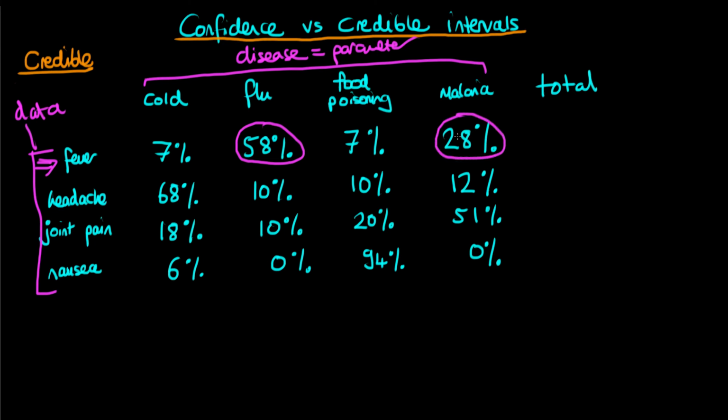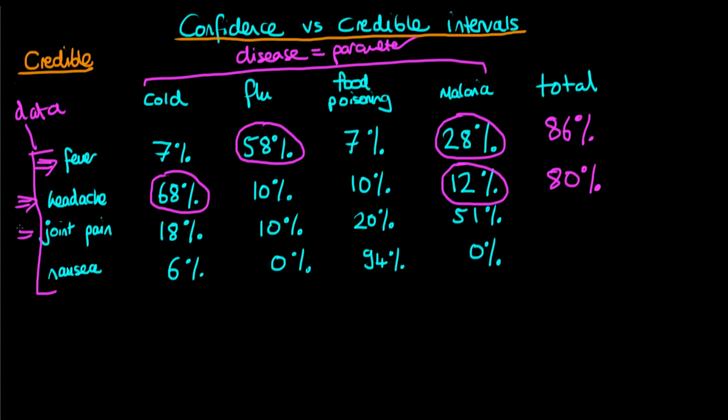That's the only way that we can obtain at least 80% coverage, and here we obtain 86% coverage in this case. Next, considering individuals that present with headaches as their first symptom, then we imagine that those individuals could have colds or they could have malaria. And so here we obtain exactly 80% coverage.